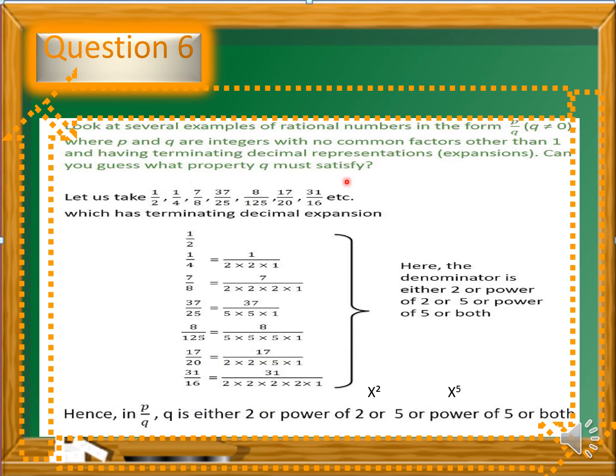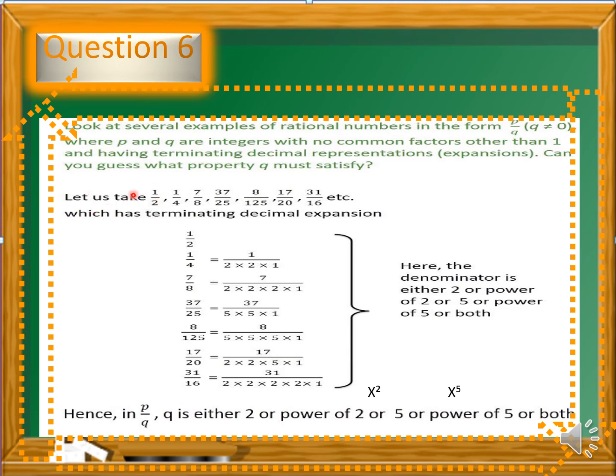Can you guess what property q must satisfy? So we are going to take only the denominator and express it in the expanded form. When we express it in the expanded form, we can get the numbers that q can satisfy, and we can find the answer out of it.